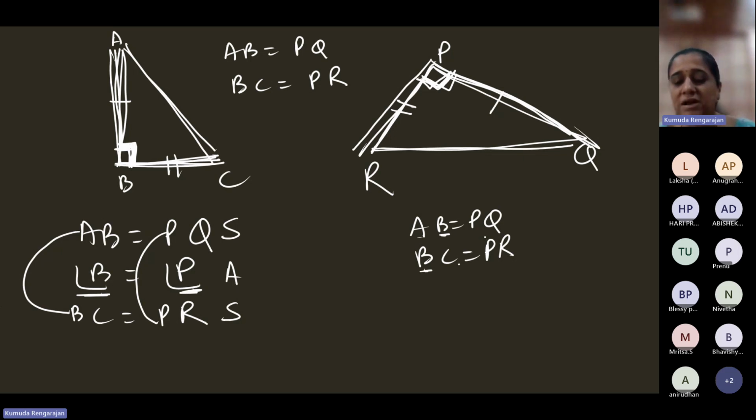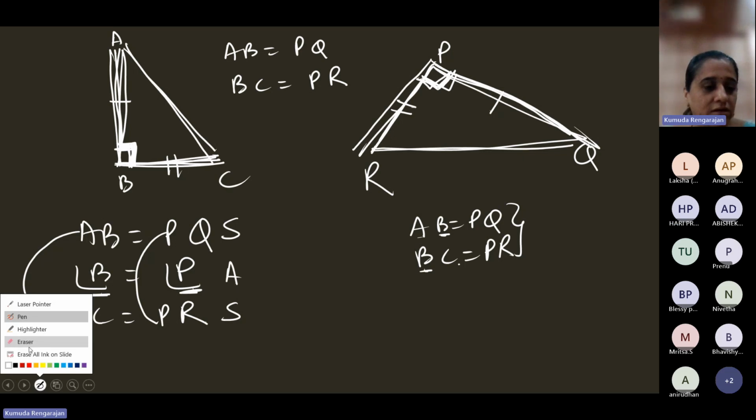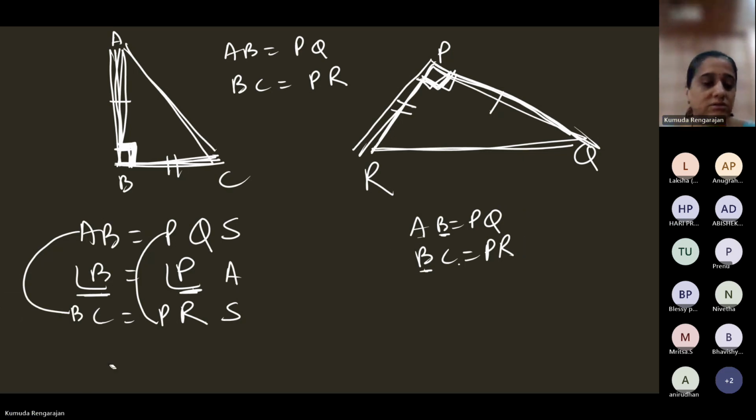So Haripranav, tell me what changes should I make here? PQ, PR, which has a common letter. P is the common letter.